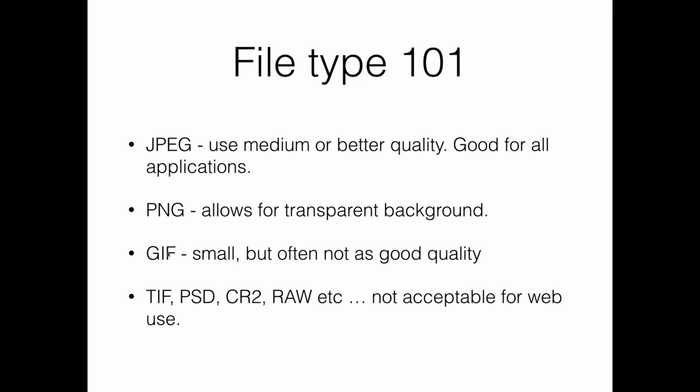DPI and PPI are not important because the monitor, the display, shows the resolution in pixels. So a 1200 pixel image is 1200 pixels no matter what the DPI or PPI, that's a typo on my screen there, is set at.